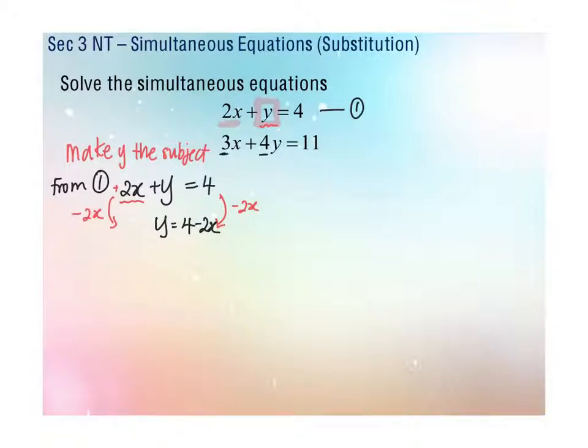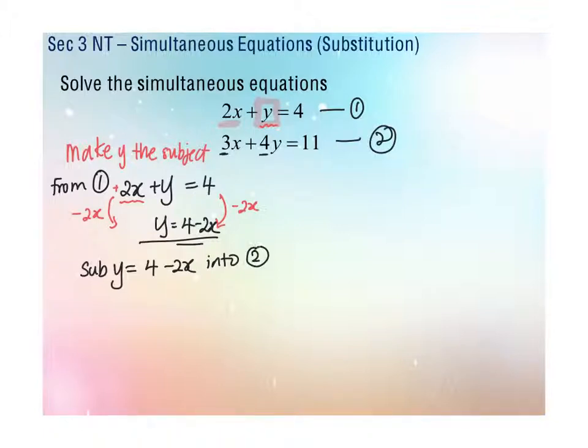So the moment we have made y the subject, we are going to sub y equals 4 minus 2x into our second equation, equation number 2. The moment we see y, we will replace it by 4 minus 2x.